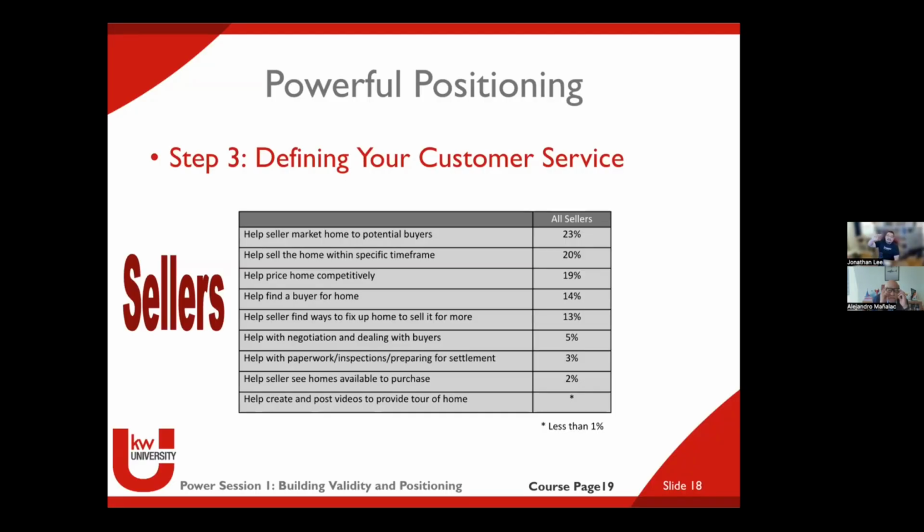Number two, which is also very important, sell the home within a specific time frame. That's critical. You've got to find a way to help your client sell the home within a specific time frame, because that's what 20% of clients are looking for. They expect the agent to do this for them.